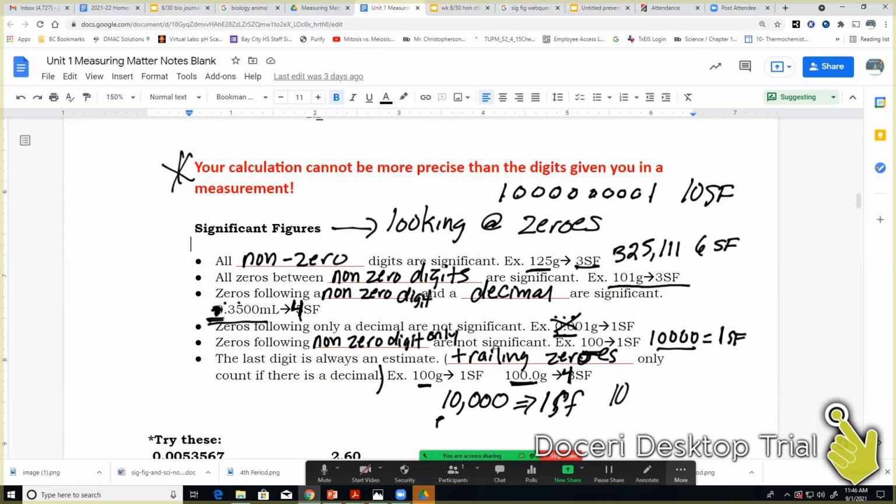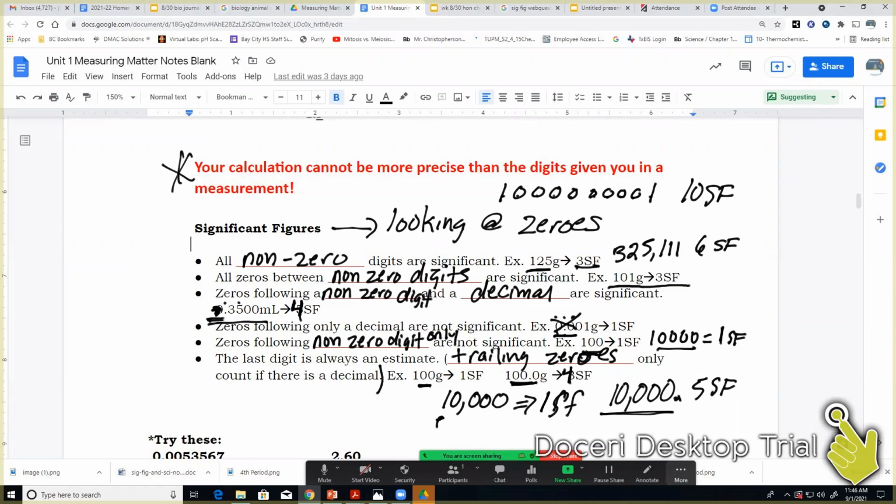But if I have 10,000 and I put a decimal there, those now become 5 significant figures. It's kind of like that picture he did on the video where you didn't know how many people, like you could say I had about 10,000, but then if you actually did a measurement and it said it was 10,000 on the scale, then that's going to be a more precise number.